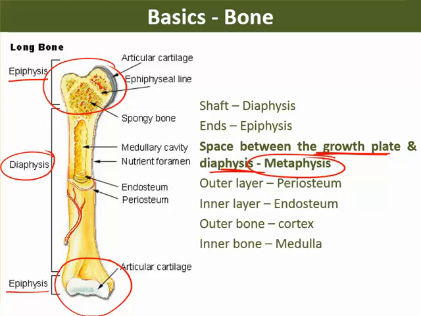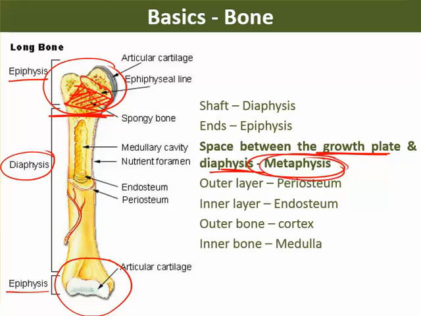This is the growth plate and this is where the diaphysis starts, so this area is metaphysis. Understand? If there is a growth plate, it is easy to define. Once the person enters adulthood, the growth plate disappears. Afterwards, we just mark a line by assuming it is a growth plate. That's how we mark metaphysis.